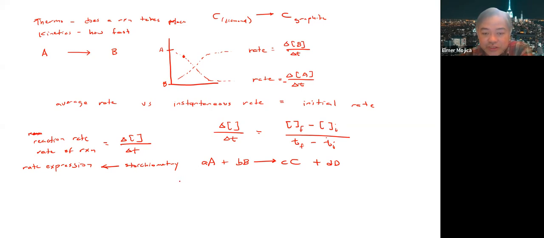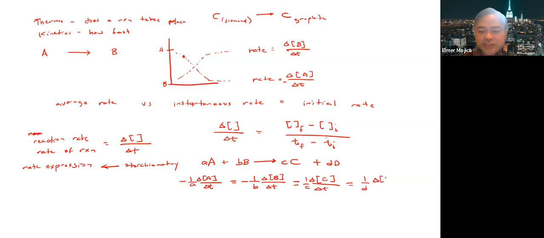So the way that you're going to do it is negative 1 over a, change of A over change in time, and that is equals to negative 1 over b times change in B over change in time. Or you can do it as 1 over c, change in the concentration of C over change in time, and that is equals to 1 over d, change in the concentration of D over change in time.